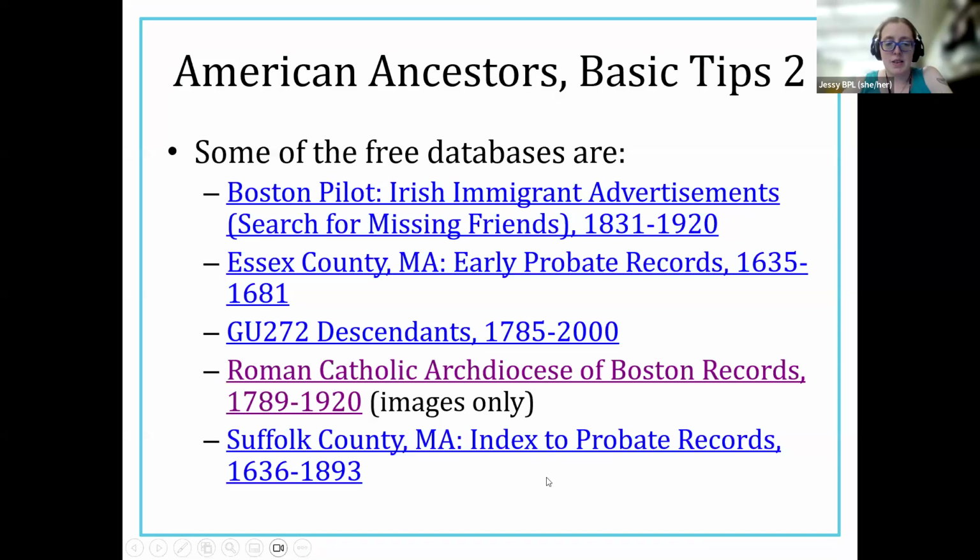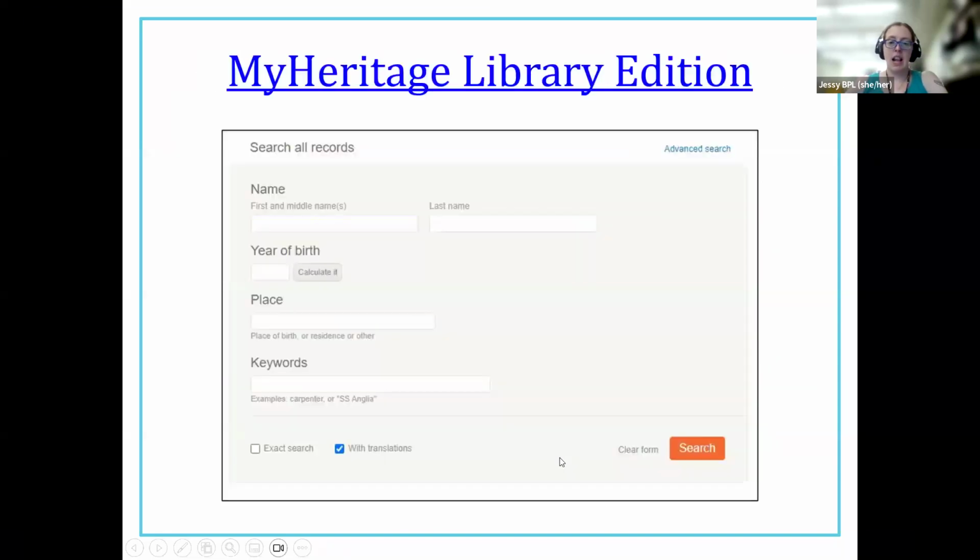Okay, so this is one of the more recent ones we have, which is MyHeritage Library Edition. This is very much like what I was talking about with Ancestry.com. This one has two different sites: the library subscription and a private subscription.